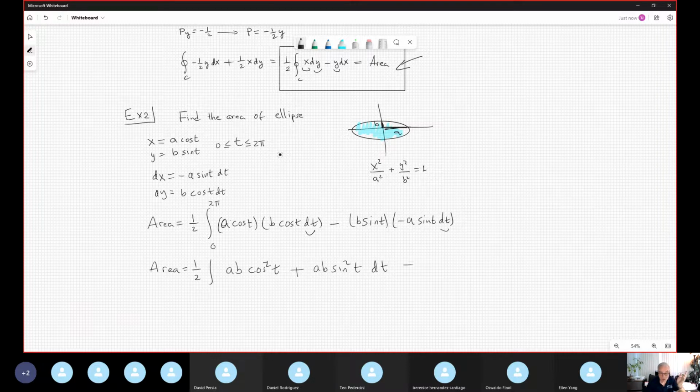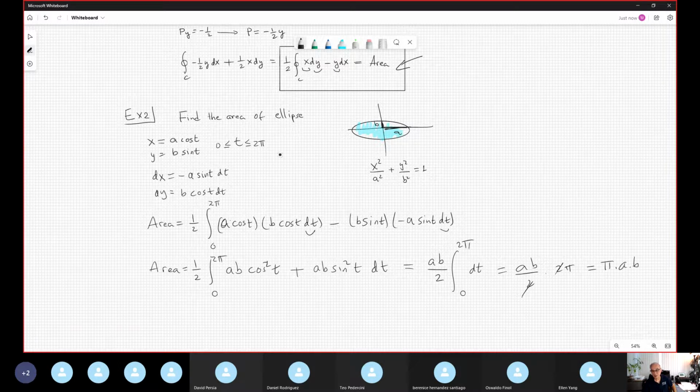So ab divided by 2, integral, I forgot the limits, 0 to 2 pi. Inside, cosine squared plus sine squared stays, and I get 1. Actually it is the integral from 0 to 2 pi of dt. The integral of dt is t, evaluated between 0 and 2 pi is 2 pi. So the answer is ab over 2 times 2 pi, and the 2 cancels out, and the final answer is pi a b.